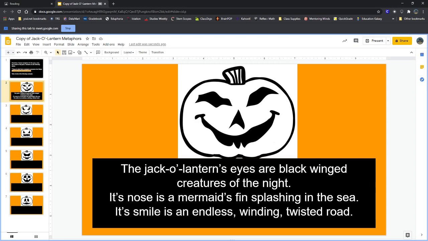So this first one says, the jack-o'-lantern's eyes are black winged creatures of the night. Because if you look at the eyes, they've kind of got this squiggly shape to them, kind of like bats might when they're flying through the air. Then for the nose, it says, its nose is a mermaid's fin, flashing in the sea. So the nose, if you look at it by itself, kind of looks like the fin of a mermaid.